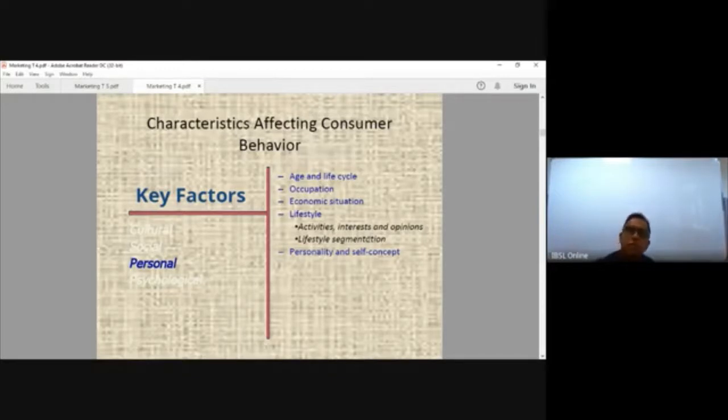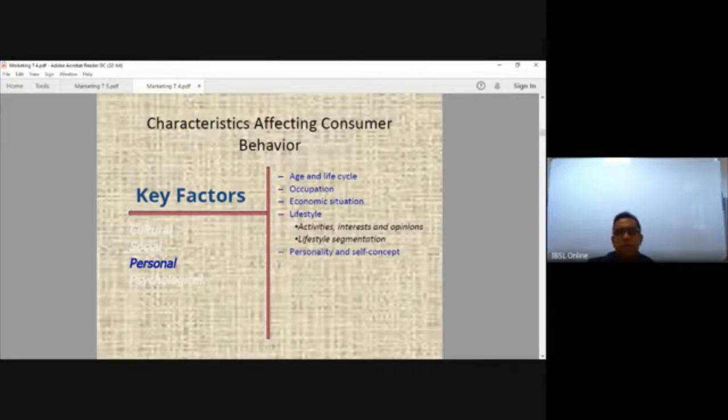Occupation is another thing. Occupation is your job. So due to your job demands, your buying behavior will also be influenced.